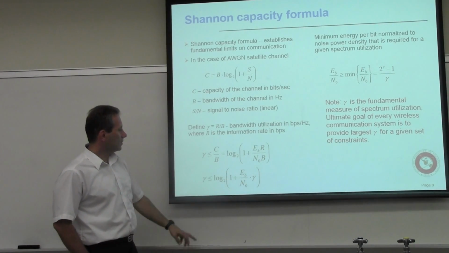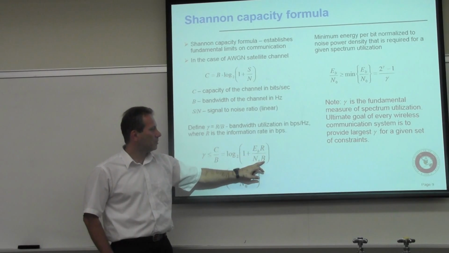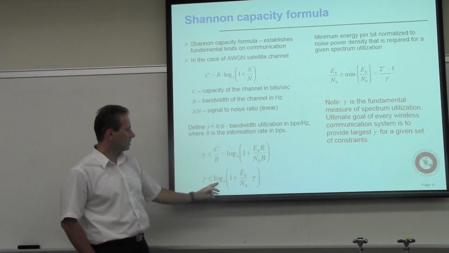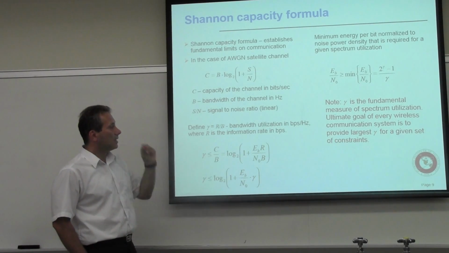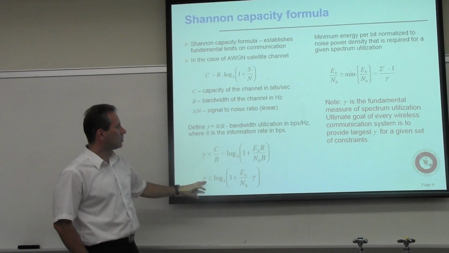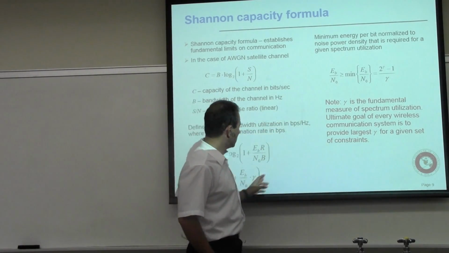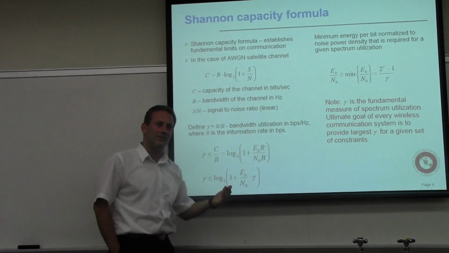So now, if you look at what you have here, you have R over B appearing on both sides, right? So you have that gamma is smaller than log 2 of 1 plus EB over N0 times gamma. And then if you invert and solve for EB over N0, a lot of times you will have NT instead of N0.